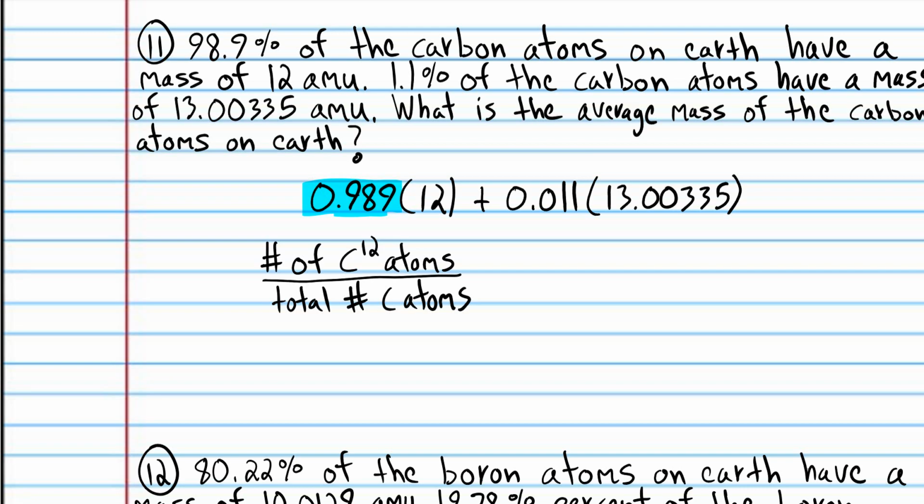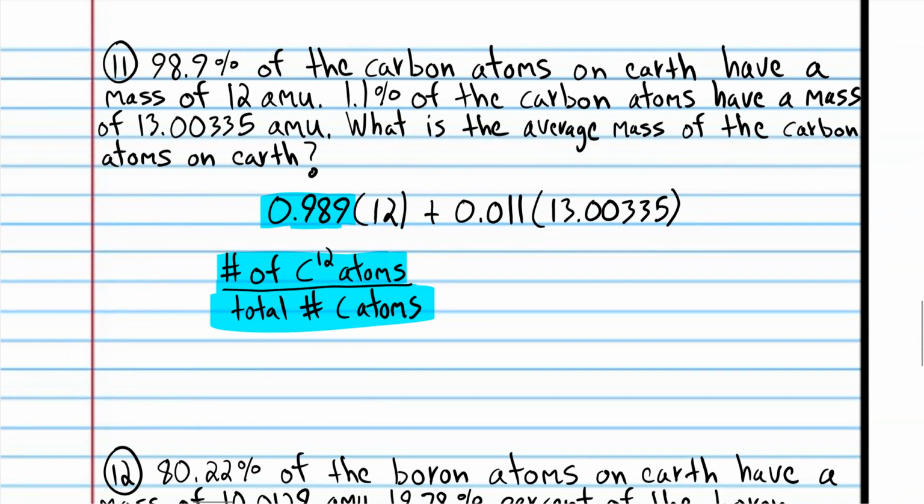So not all carbon atoms are carbon-12. So anyway, you divide those numbers and you get that decimal. And then we're multiplying by the mass of carbon-12. So that's that number.